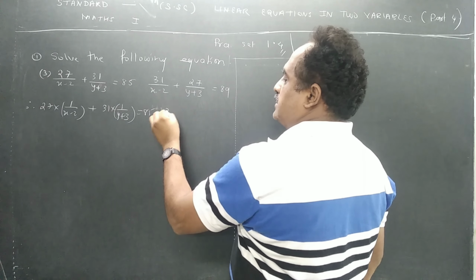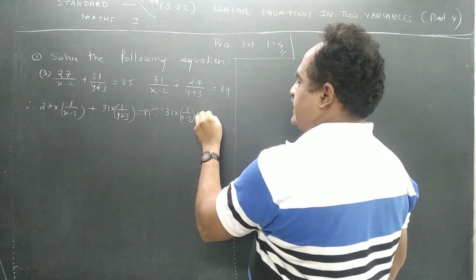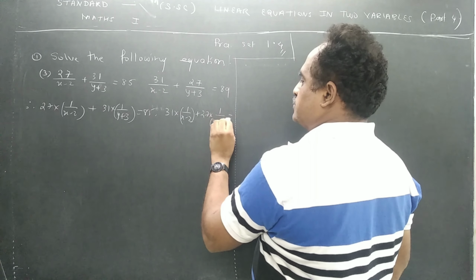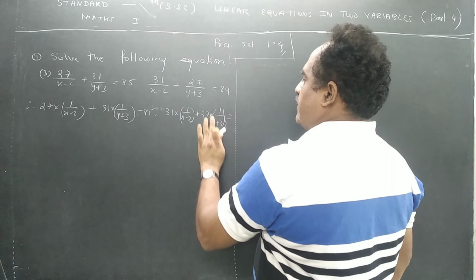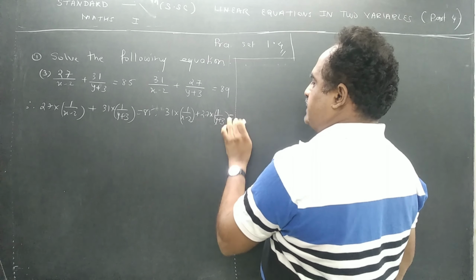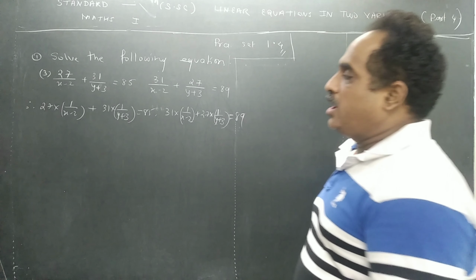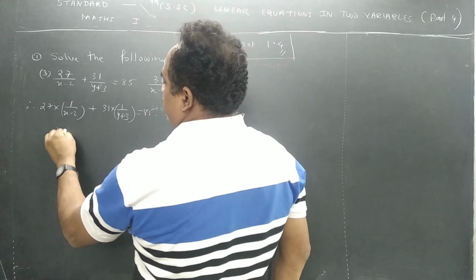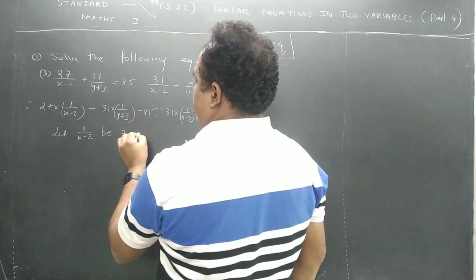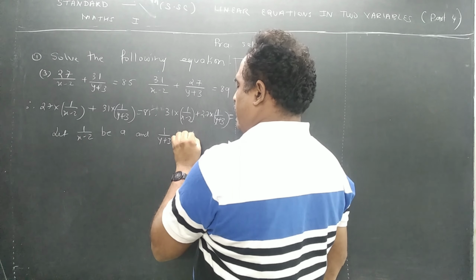And 31 into 1 upon x minus 2 plus 27 into 1 upon y plus 3 is equal to 89. So once you got that, what you will write? Let 1 upon x minus 2 be a and 1 upon y plus 3 be b.